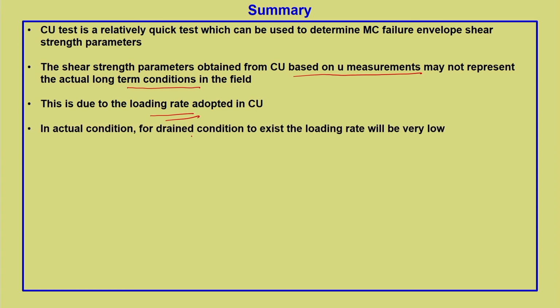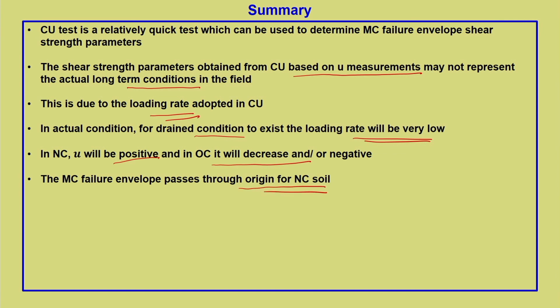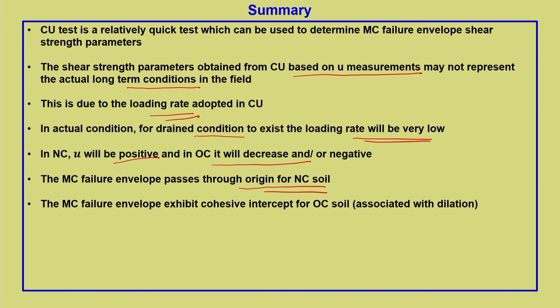In actual conditions, for the drained condition to exist, the loading rate will be very low. In NC soil the pore pressure will be positive, and in OC soil it will decrease and tend to a negative value. The Mohr Coulomb failure envelope passes through the origin for NC soil, this is important, and the Mohr Coulomb failure envelope exhibits a cohesive intercept for OC soil.